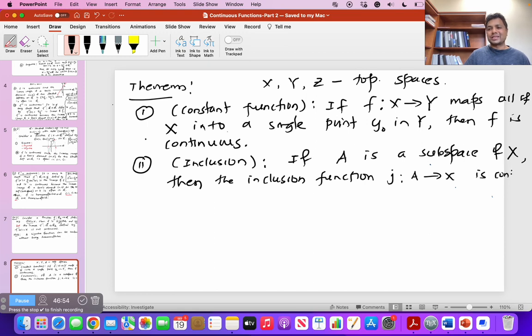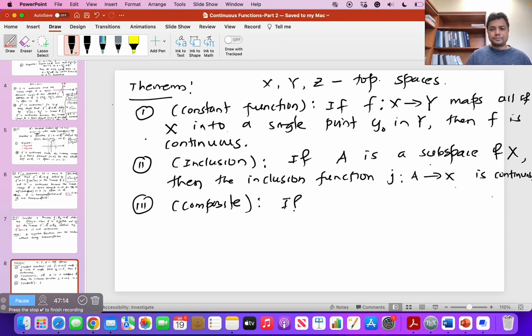So this is the second type of function that is always continuous. Inclusion functions are continuous. Constant functions are continuous.